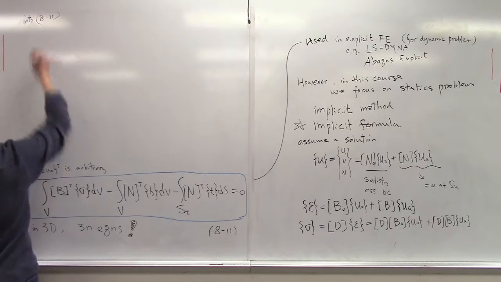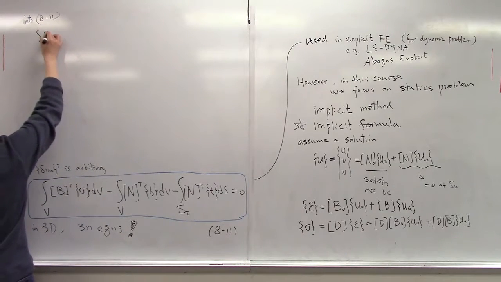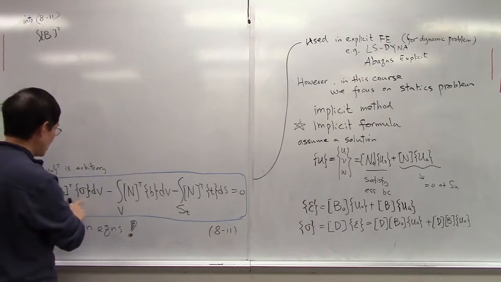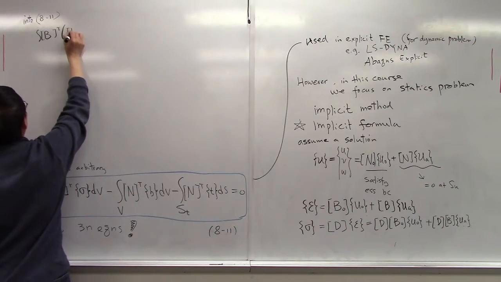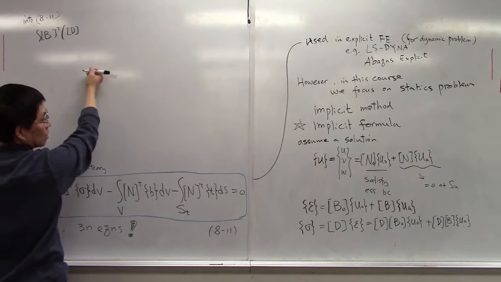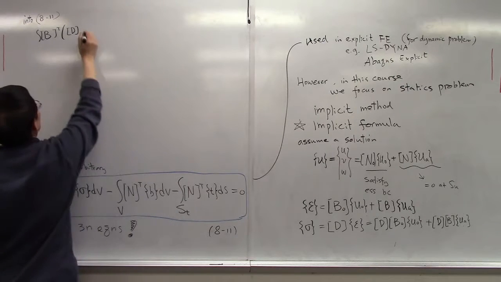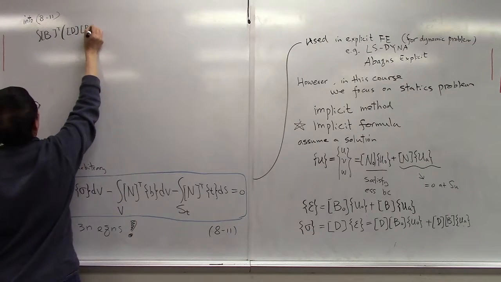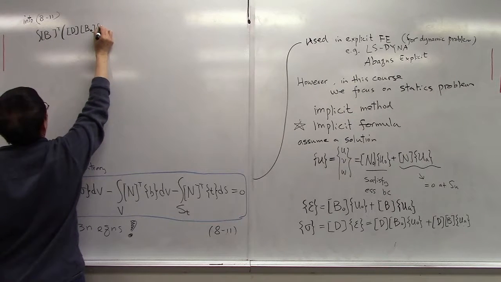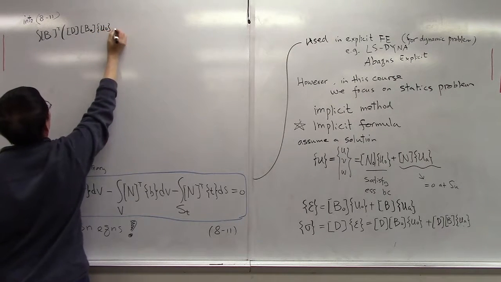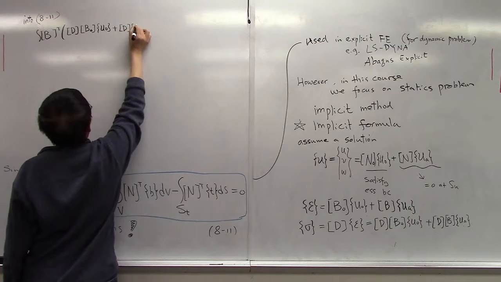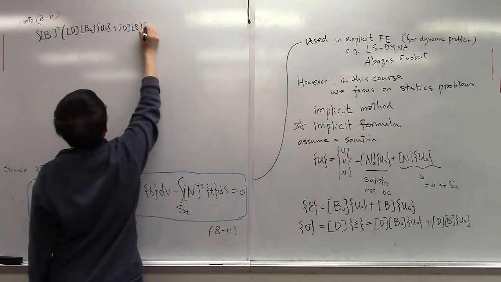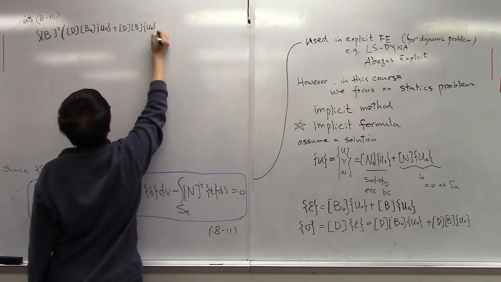So now, when we put this in, we will have a B matrix transpose, and this sigma vector is equal to that. So we have a D material matrix, and then times B0, and then U0, plus a D matrix, and then B matrix, and then UA vector.